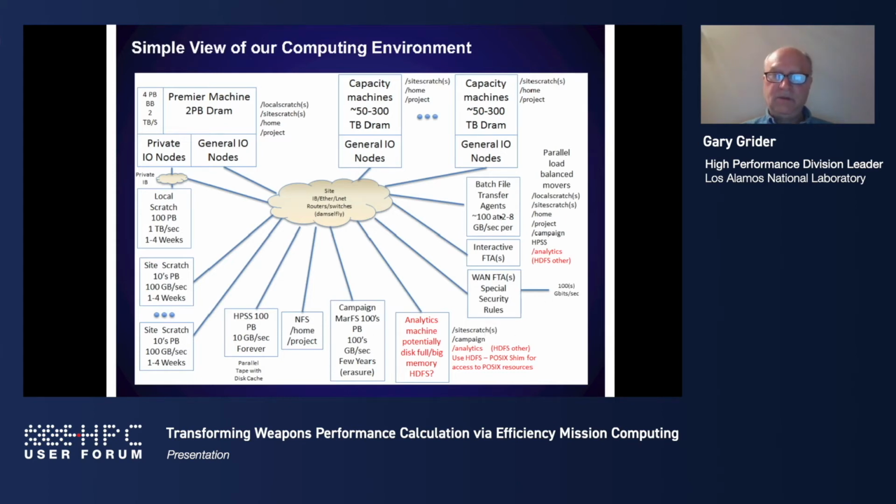And then we have these nodes over here, and these are really all about batch transfer agents. Their entire job in life is to move data around at multiple tens to hundreds of gigabytes a second between file systems and between Archive and Campaign and so forth. And so that's their job. Anyway, that's how our site works today.